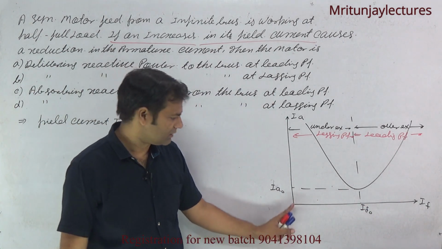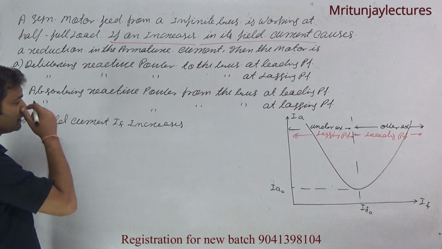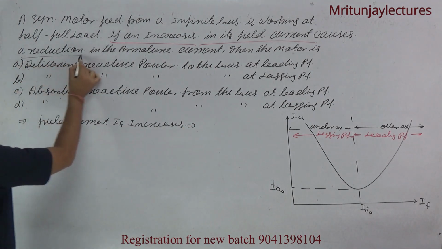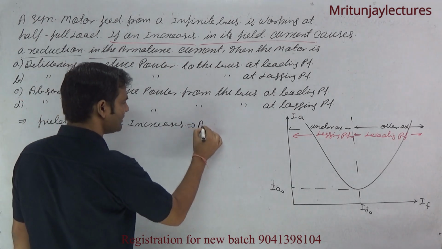What about field current? It increases. Clear? But what about armature current? A reduction in the armature current means armature current decreases.